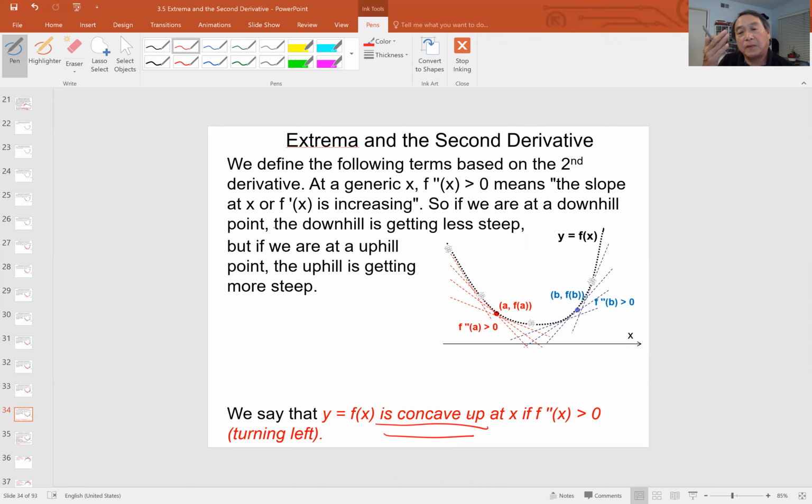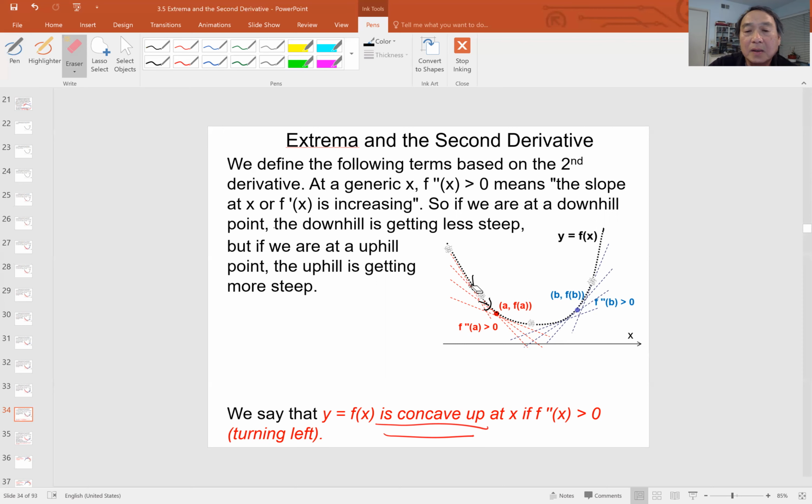Now, how can we tell by looking at a piece of curve whether it is concave up or concave down? We're going to use a different analogy than the roller coaster. Suppose this is a trail, and you're looking from the top down, like a drone, and there's a little bug going along this curve.